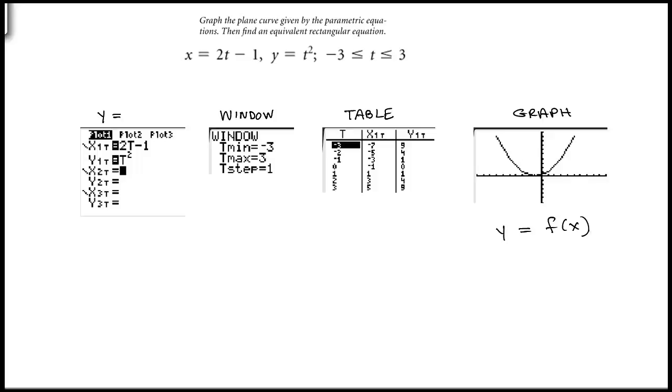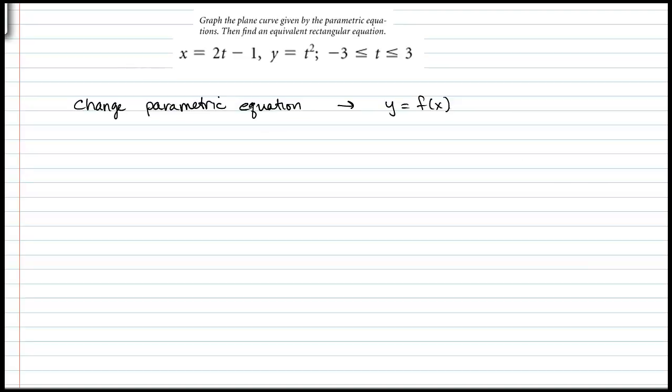And that's how we need to change the parametric equation to a rectangular one, by getting y by itself in terms of x. You should be thinking step number 1 is to take the x equation and solve for t.